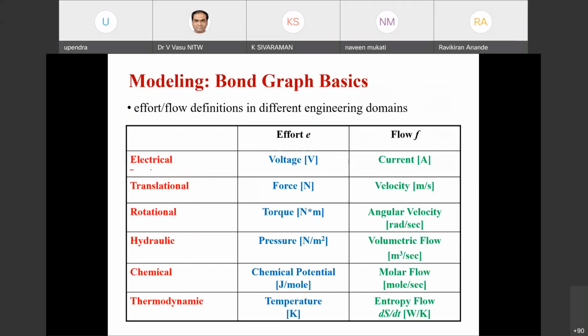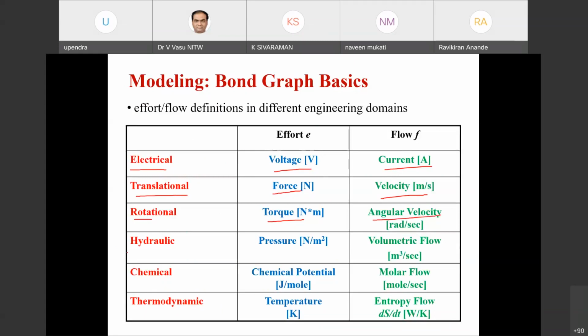If you consider an electrical system, the effort is the voltage and the flow is the current. In a mechanical translation system, the force is the effort and the velocity is the flow. In a rotational system, the torque is the effort and the angular velocity is the flow.